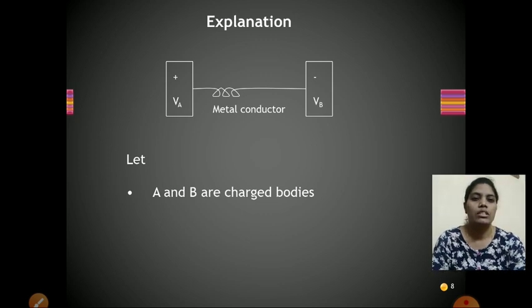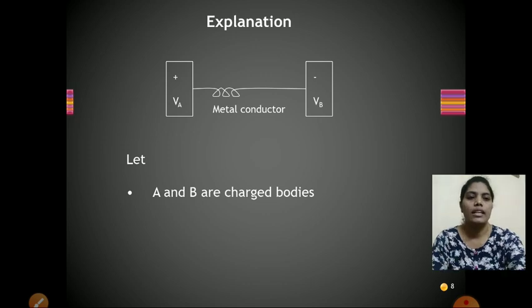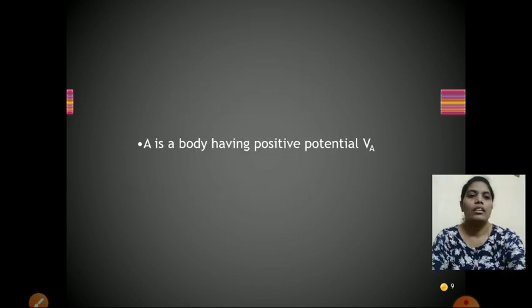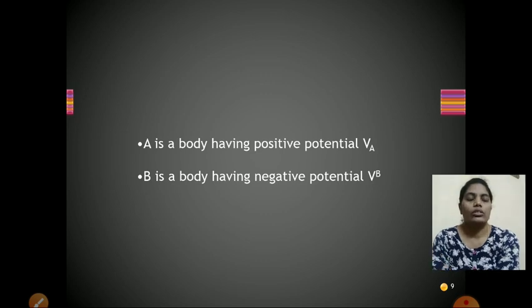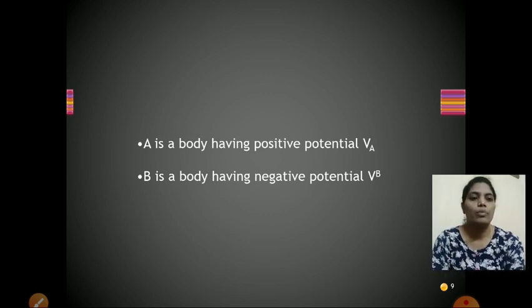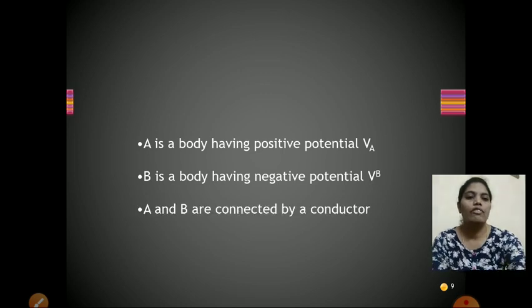A is positively charged and B is negatively charged. These two are connected using a metal conductor. Now A is a body having positive potential, that is VA, and B is a body having negative potential VB.